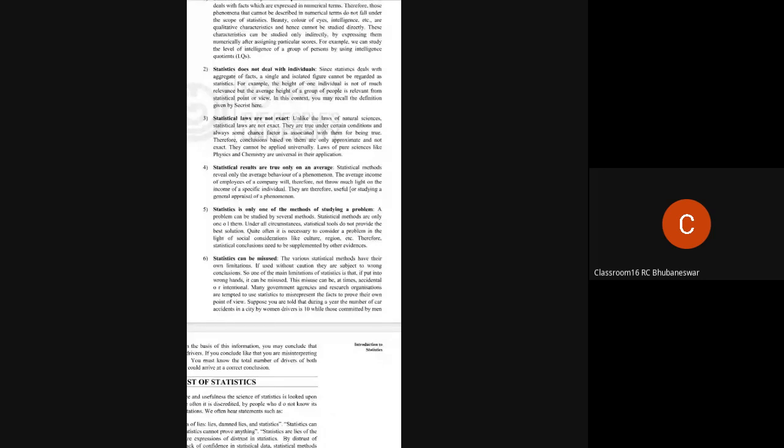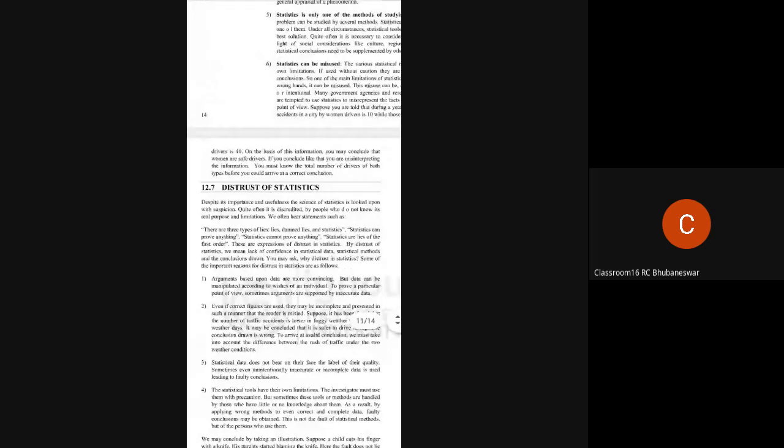Then distrust of statistics: despite its importance and usefulness, some suspicions and distrust are there, that means it can be misused in some way or other.